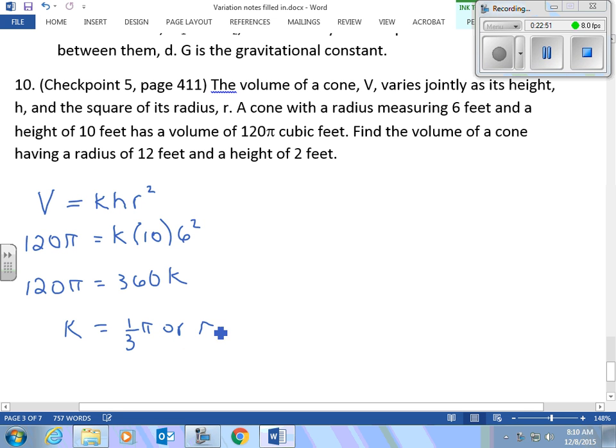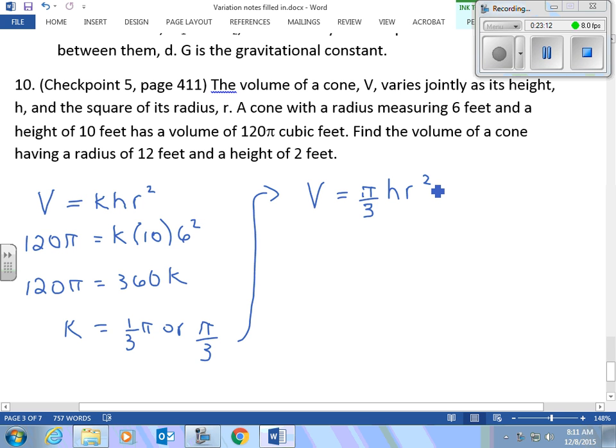Or you could write that as pi over 3. And we're leaving that pi in there for precision purposes rather than doing any sort of rounding. So now we can say that the volume is pi over 3 times the height times the radius squared.